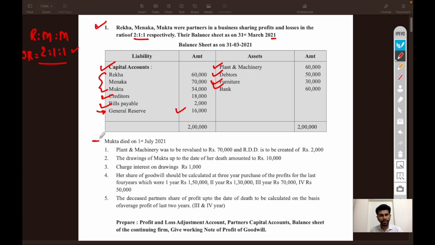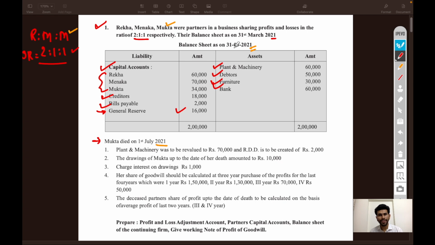Mukta died on 1st July 2021. The date is very important because our balance sheet date is 31st March 2021 and the date of death is 1st July 2021.